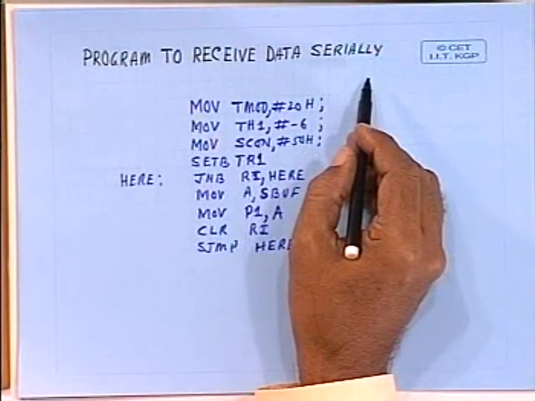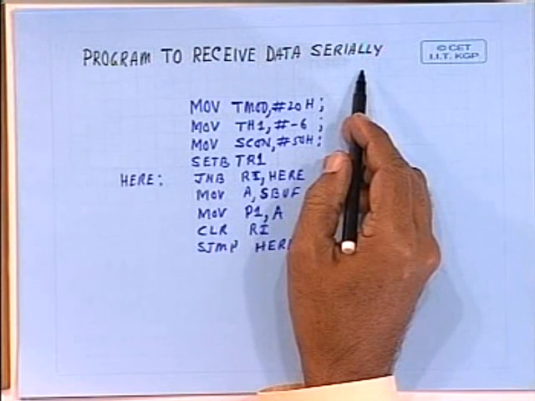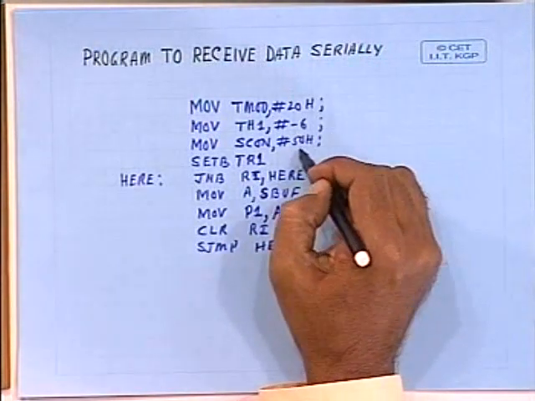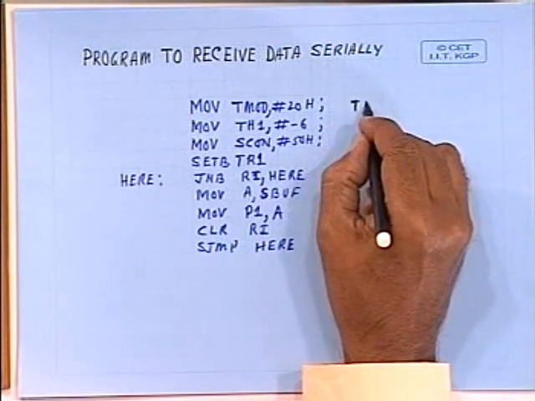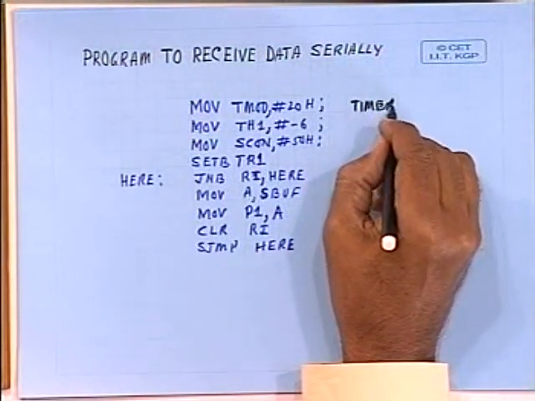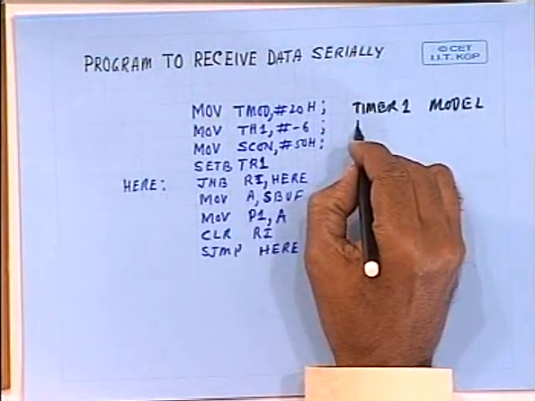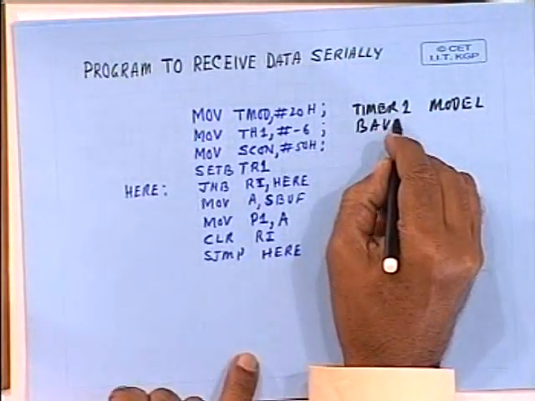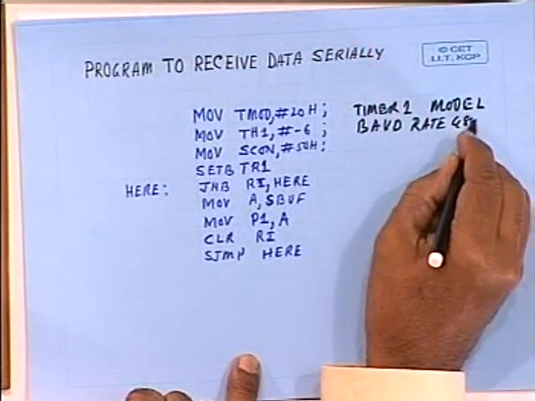Now I have written a program to receive data serially. The first part is identical. You are using timer 1, mode 2, and the baud rate is 4800.